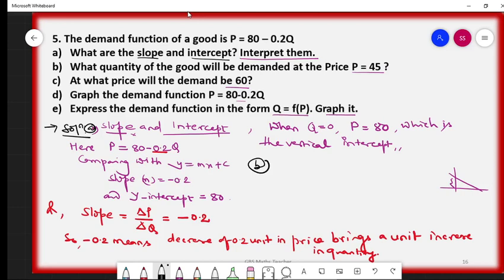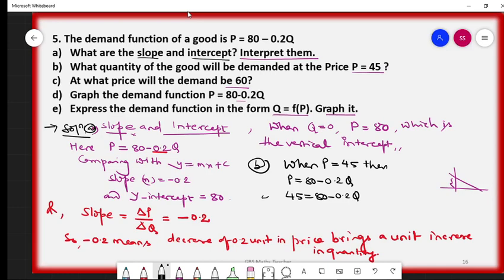What quantity of good will be demanded at the price P equal to 45? When P equal 45, then put the value in the given function. P equal 80 minus 0.2 Q provides 45 equal 80 minus 0.2 Q. You know the solving way, dear students.